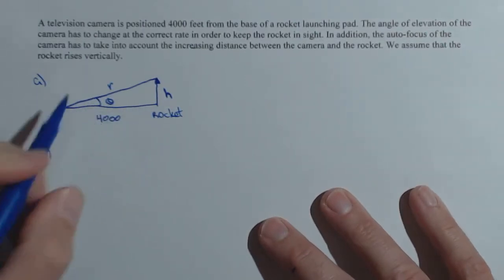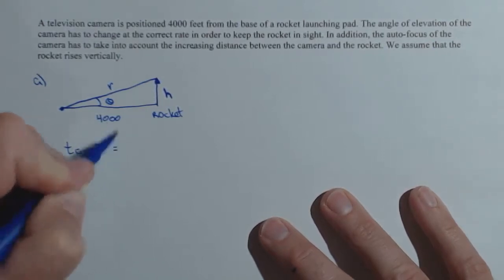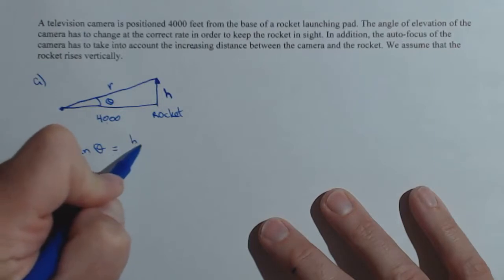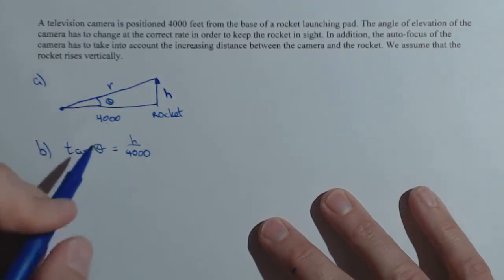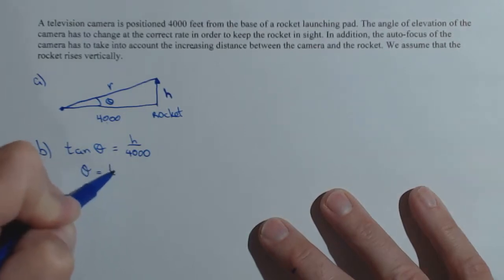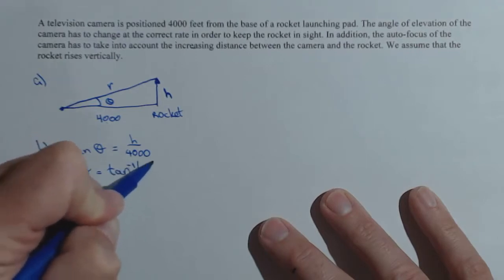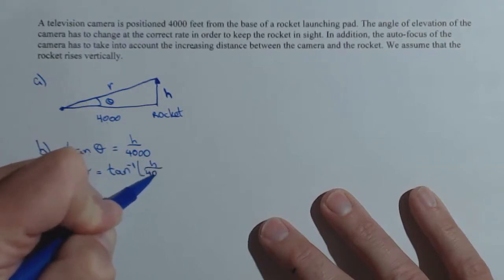So we've got the opposite over adjacent side, so tangent theta equals opposite over adjacent, h over 4,000. And to make it a little simpler, let's go ahead and just solve this for theta using an inverse tangent. So an arctan, so theta equals tangent inverse of h over 4,000.